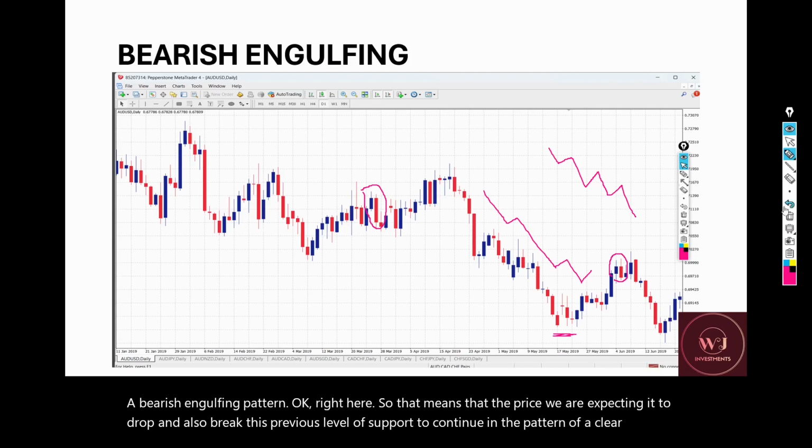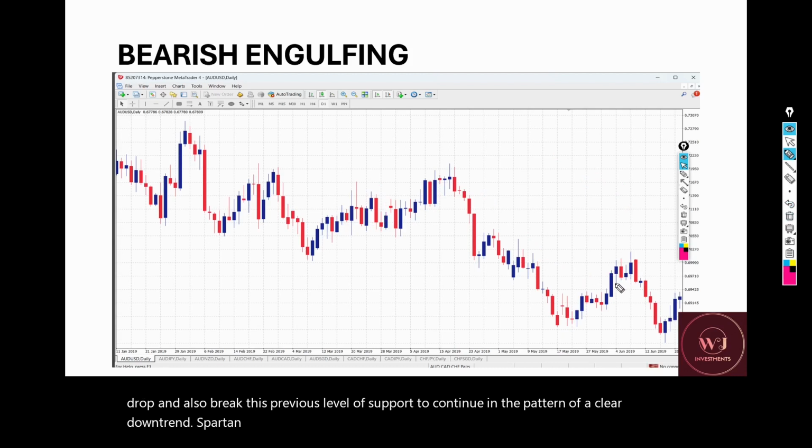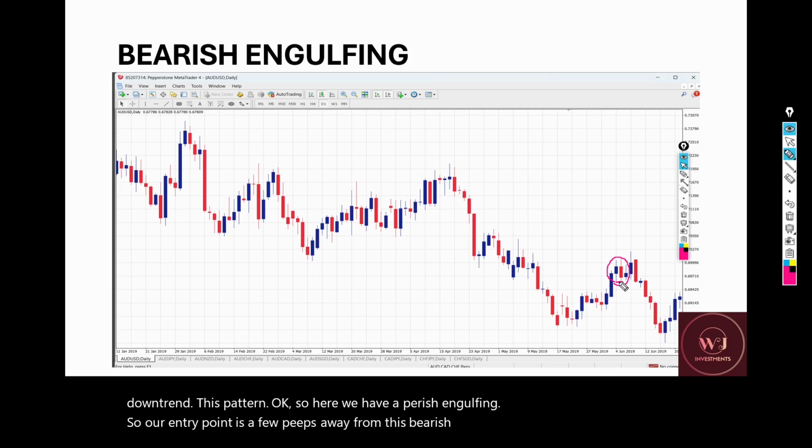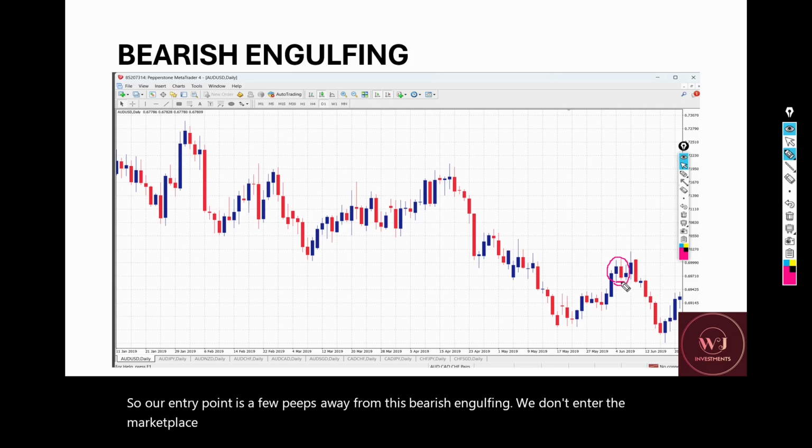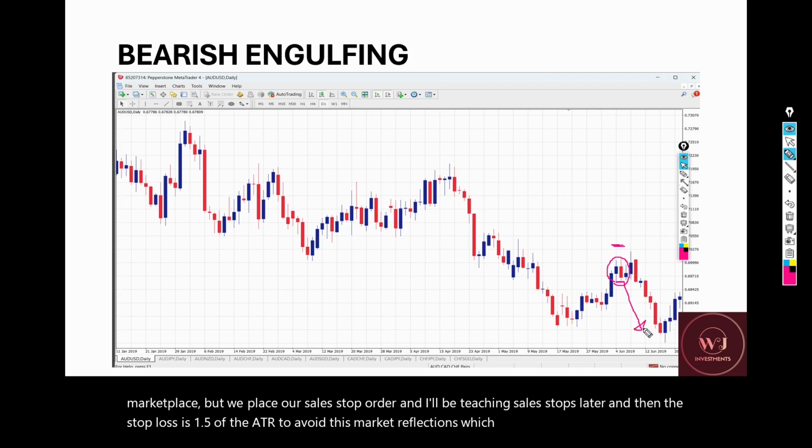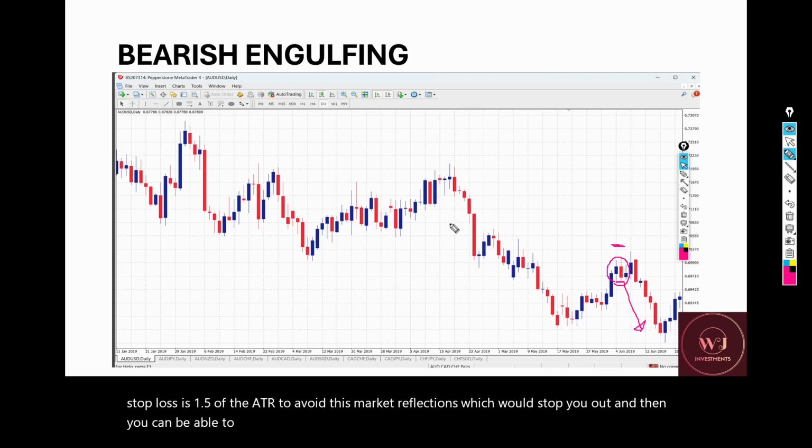Our entry point is a few pips away from this bearish engulfing. We don't enter at market price, but we place a sell stop order, and I'll be teaching sell stops later. Then the stop loss is 1.5 times the ATR, to avoid market reflections which would stop you out, and then you can get this wave down.